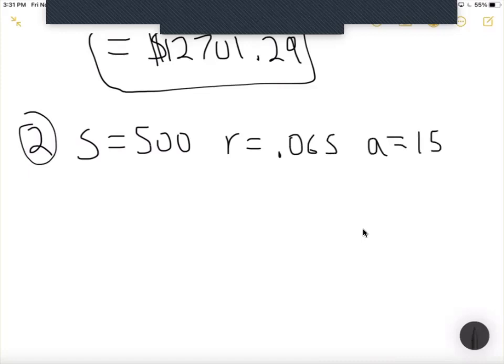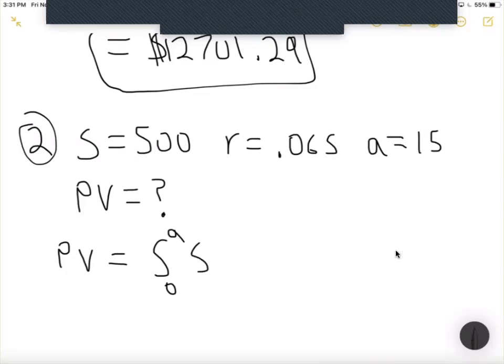But now, instead of wanting to find future value, we want to find our present value. So we need to go all the way back to the beginning. Go ahead and rewind the video if you didn't have it written down. And we need to discover which of our equations relates present value to income stream. That equation is PV equals the integral from 0 to a of S e to the negative RT dt.